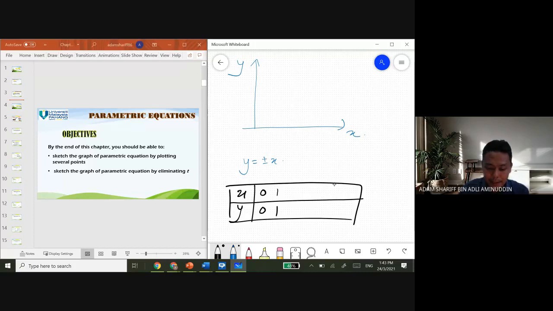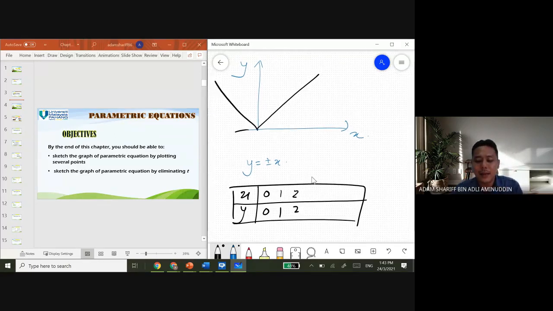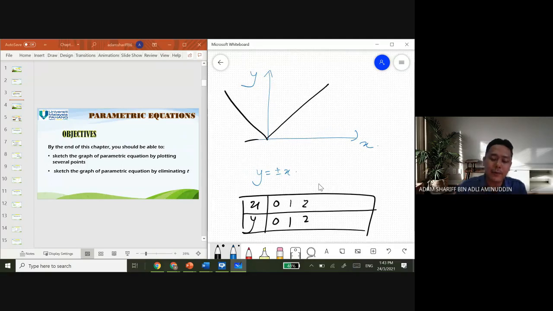Tapi you get my idea lah. This is what we call as a plotting. So y equals to plus x, kalau saya mati kat sini je lah. Untuk y equals to negative x, this one. This is the graph that is produced by this equation, y equals to plus minus x.